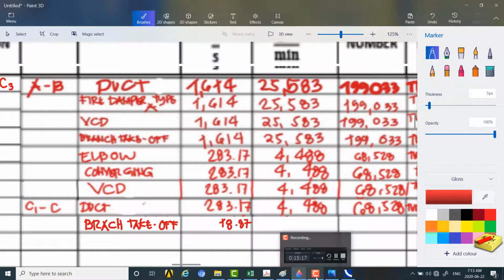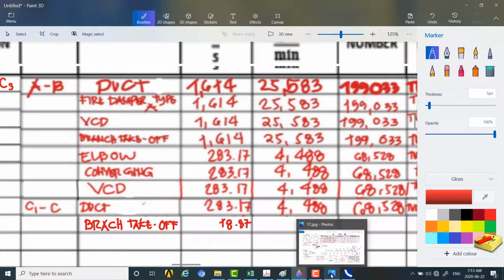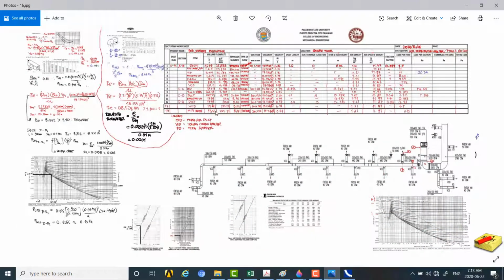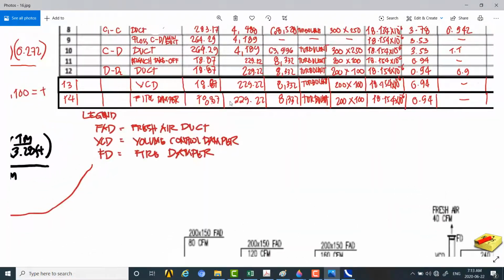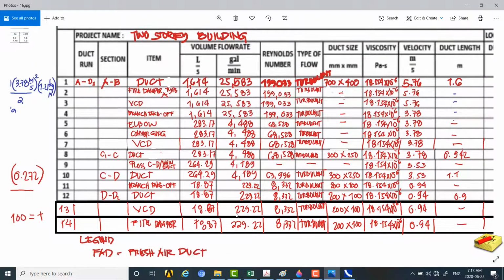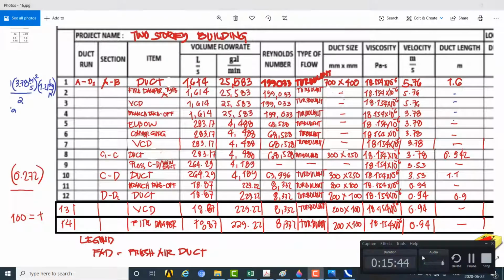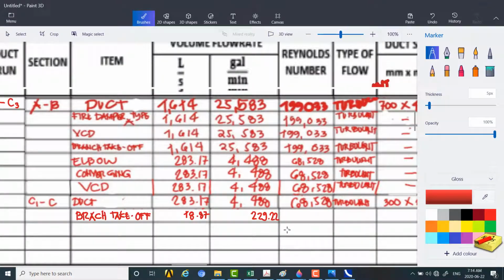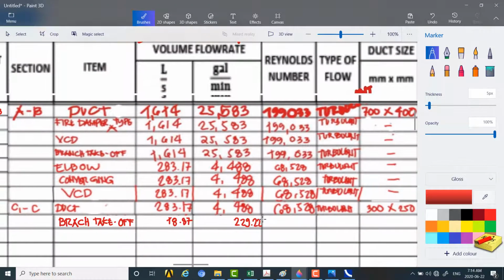The same also with our previous calculation, we have here 229.22, just importing the value since we calculated that one in our previous calculation.